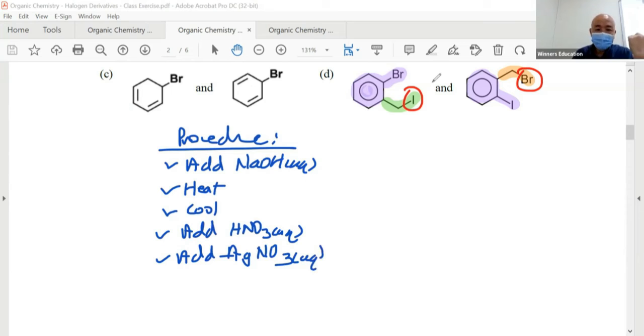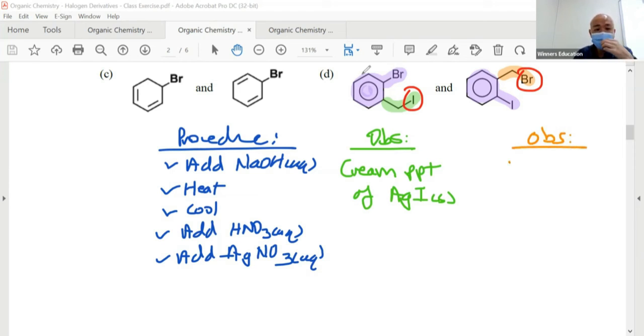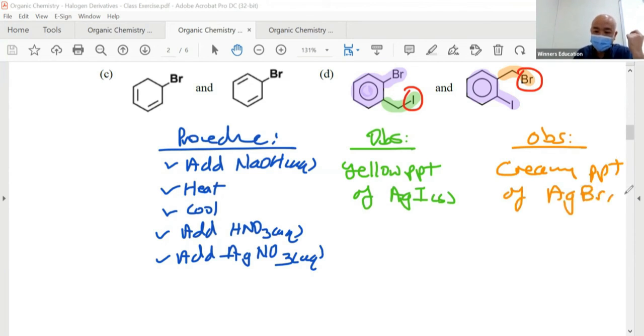Here we go. This one, you will get AgI. So the observation is a cream precipitate of AgI solid, orange color. So I got it wrong. AgI is yellow. This is a cream precipitate of AgBr. That's it. The difference in color, I can distinguish it.